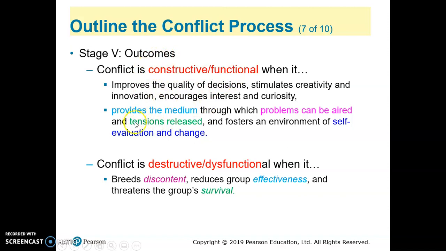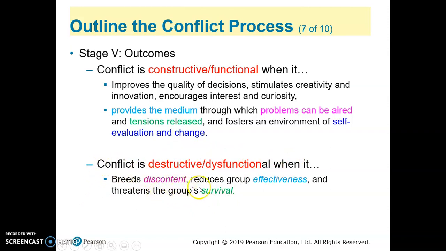Conflict is also constructive when it provides the medium through which a problem can be aired and tensions released, and it could foster an environment of self-evaluation and change. So if the conflict improves the organization into something better, it is considered functional or constructive.